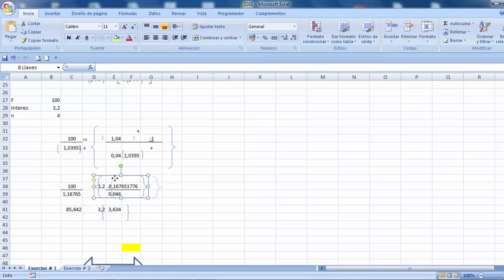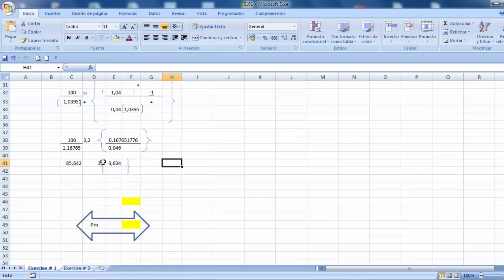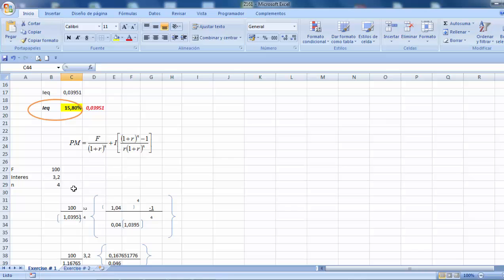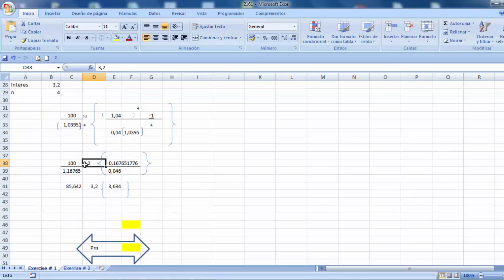Then the result is multiplied by 3.2 to get 11.73.